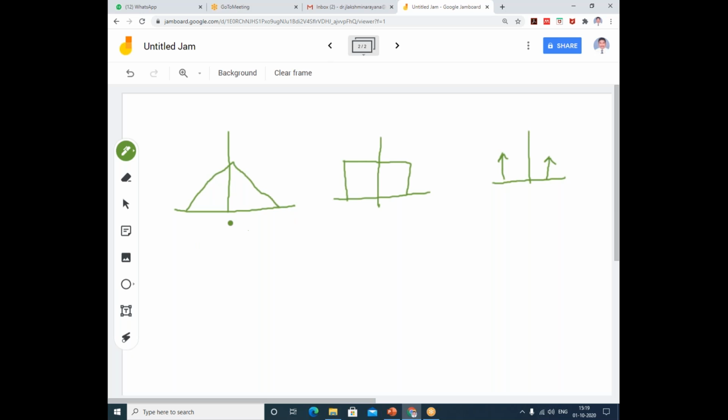Now assume that this is 0 and all are in time domain only, and this waveform is existing from minus t by 2 to t by 2, and it is having an amplitude of a. Let us assume it like this: from minus t by 2 to t by 2, and here the amplitude is a.